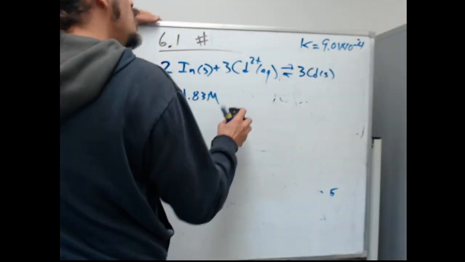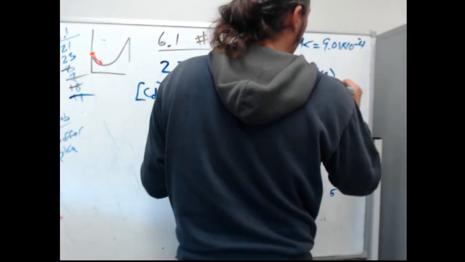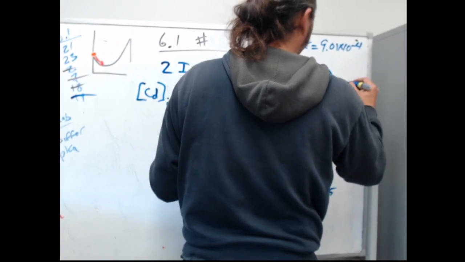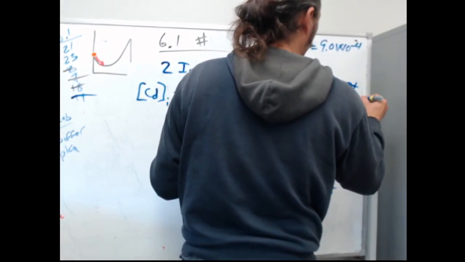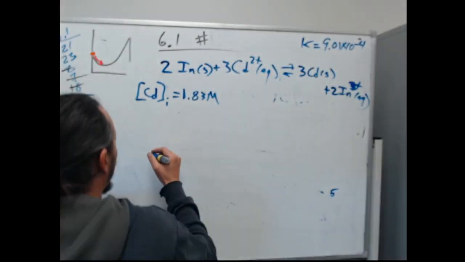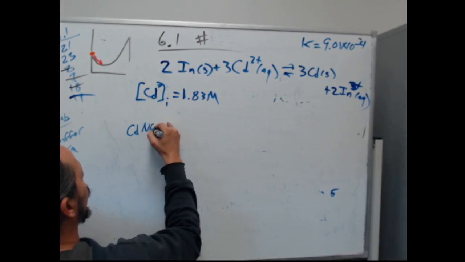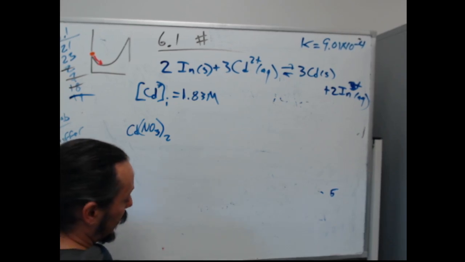No. So let's think about a couple different things here. I was going to rewrite the problem, but let's think about it first. What do we know about nitrate compounds?